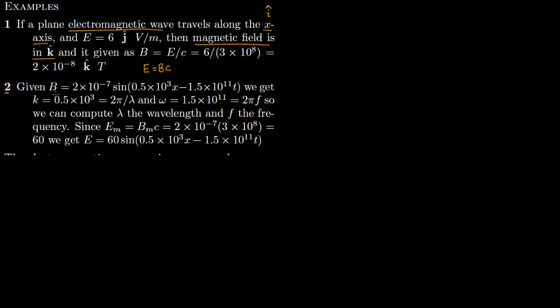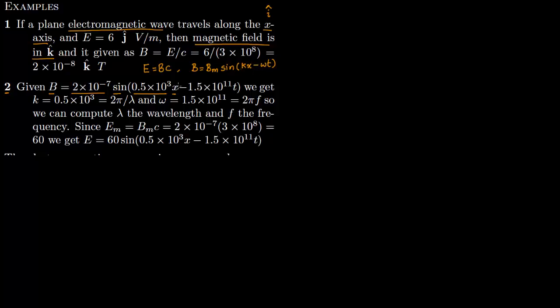Second example. Say the magnetic field B is given by this equation: 2 into 10 to the power of minus 7 sine of 0.5 into 10 to the power of 3 x minus 1.5 into 10 to the power of 11 t. That means it is traveling along the x-axis. Recall that our equation for the magnetic field in an electromagnetic wave was B is equal to Bm times sine of kx minus omega t.